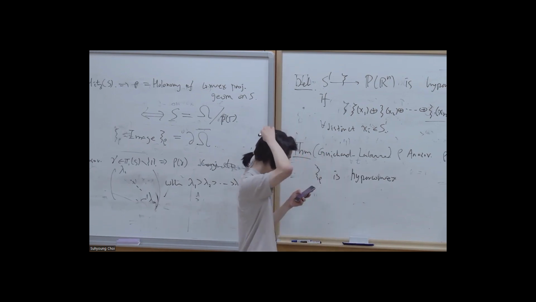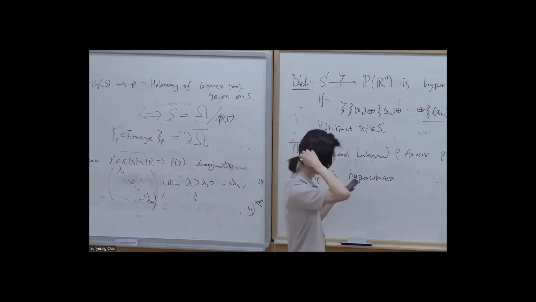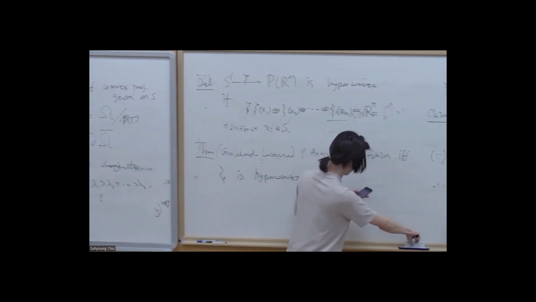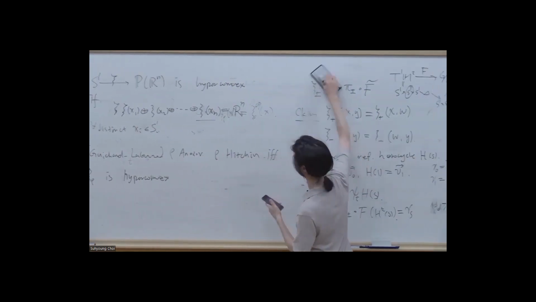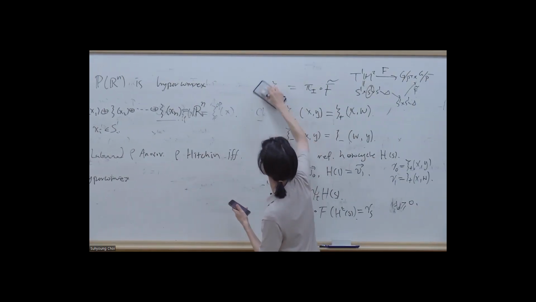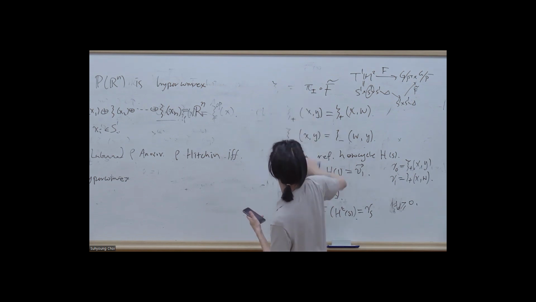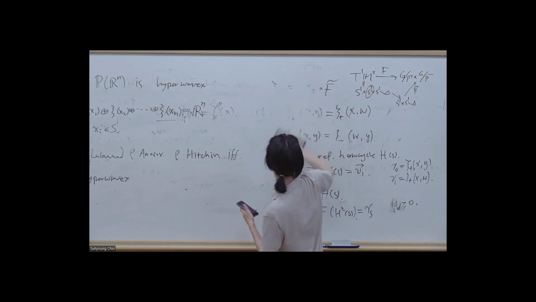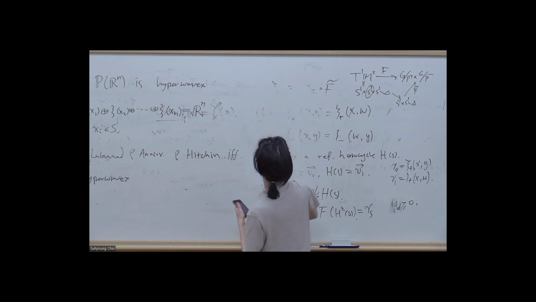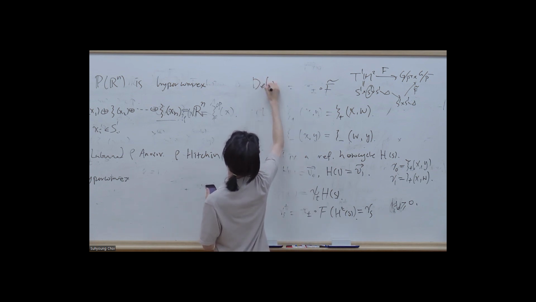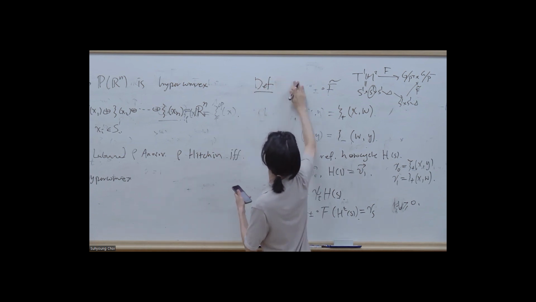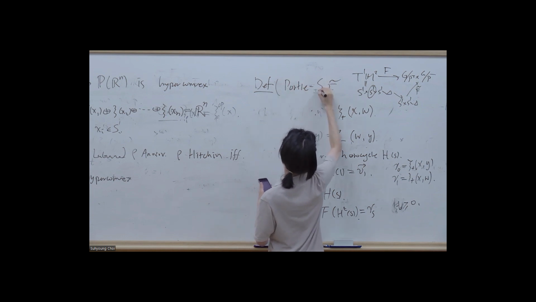Sorry, I'm running out of time. But let me give you, as I promised, the simplest definition for an Anosov representation. That's the modern definition, the definition by Pozzetti and Sambarino.